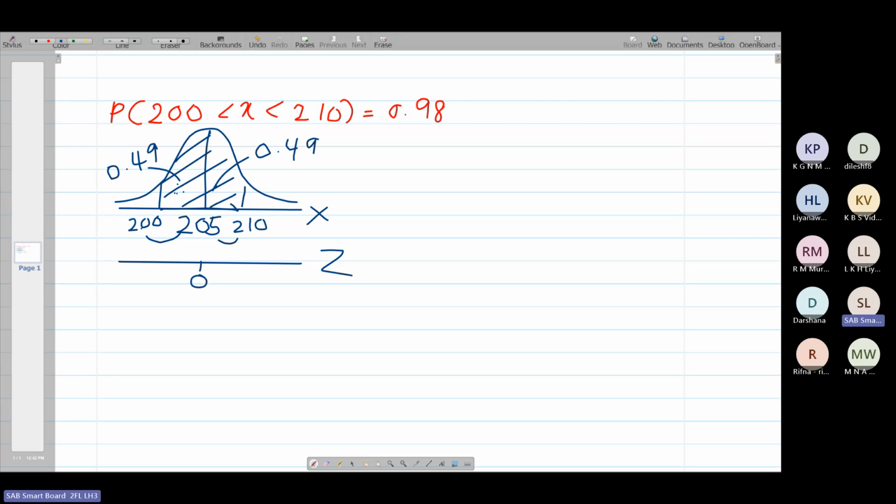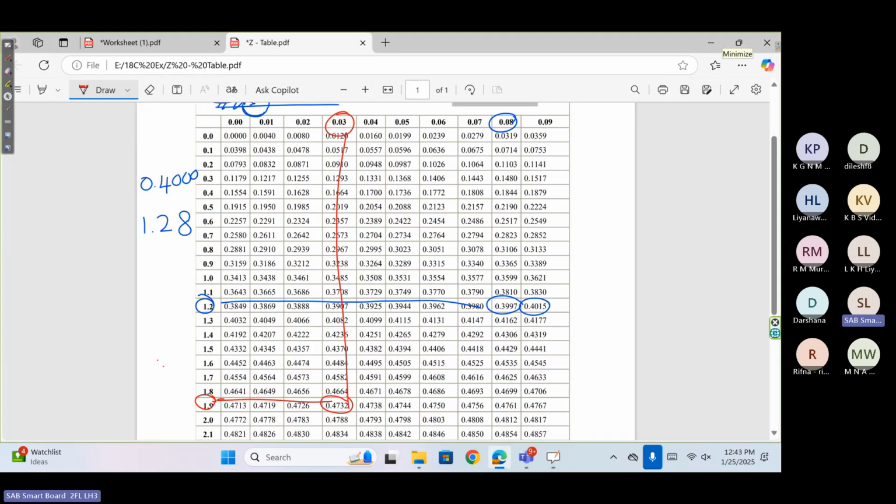Is it clear? Understood? Then we know the probability value. Using the probability value, we can find the two Z values. Now we know the probability, then we use the Z table. We look at where the 0.49 is. Where is it?